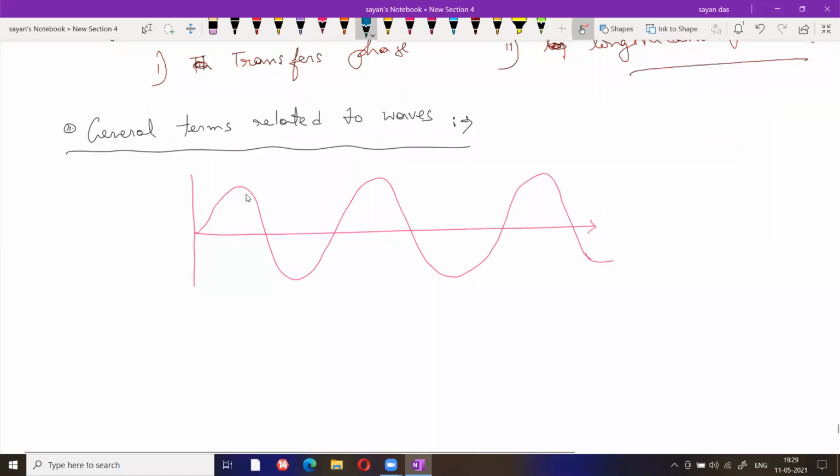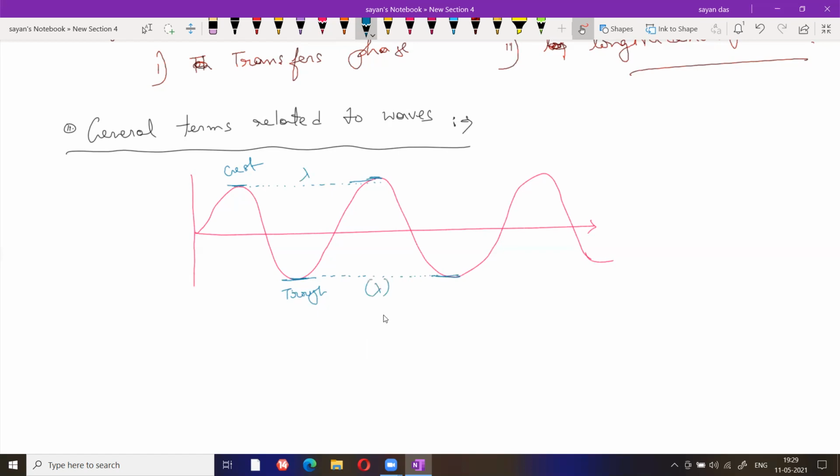Now look, this part is called the crest, and the second one the trough. The distance between two consecutive crests or two consecutive troughs is called the wavelength. Lambda represents wavelength.